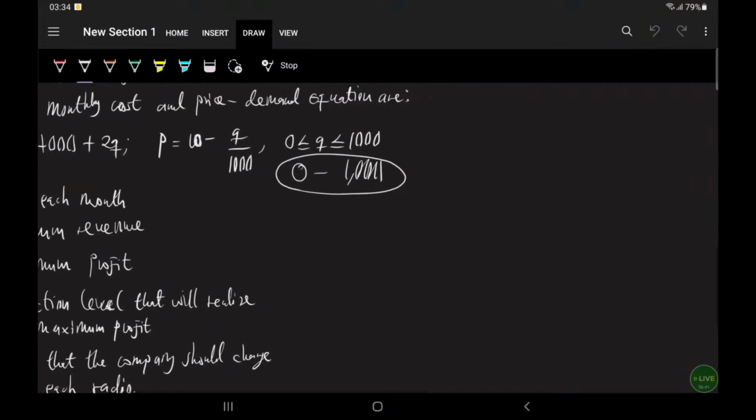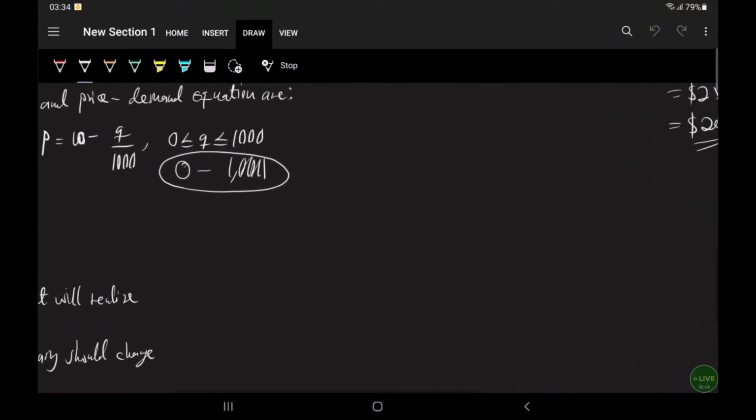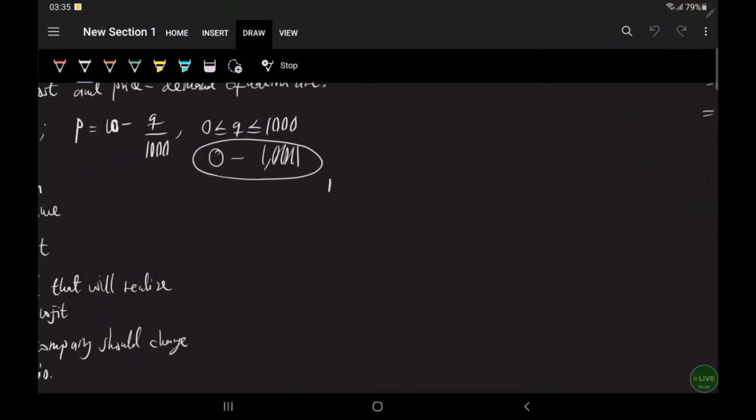Now let's have our overall discussion here. I'm asked to find my maximum revenue. To find your revenue function, represent it as R(Q), because the variable you are dealing with is Q, the output.